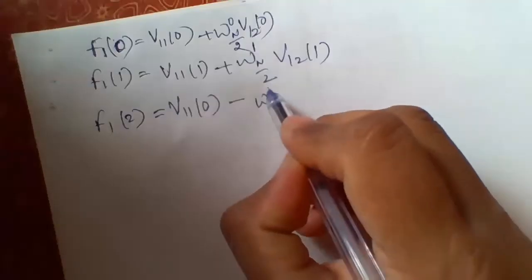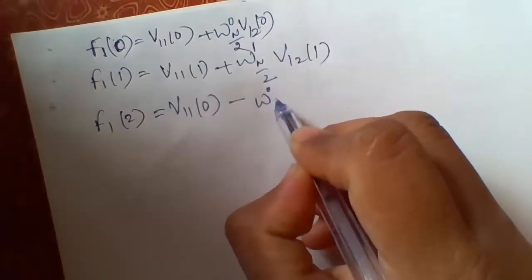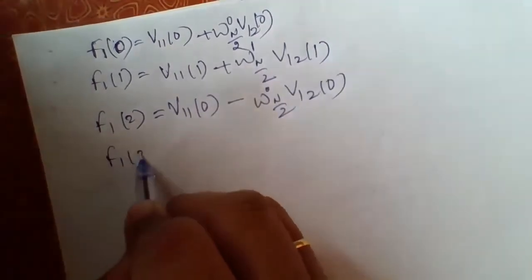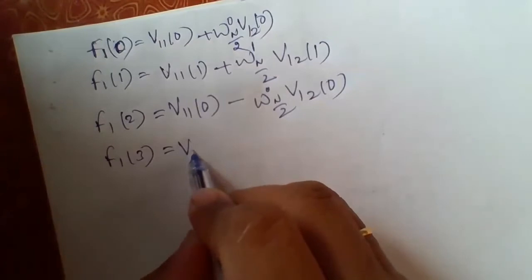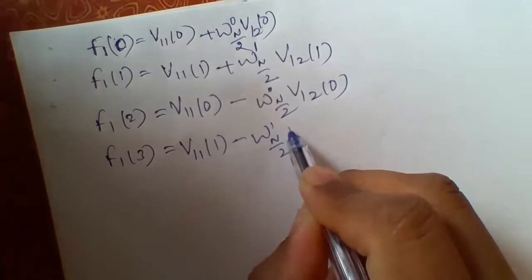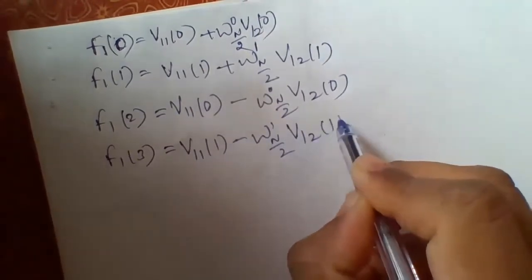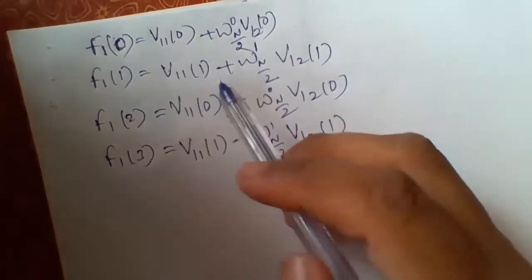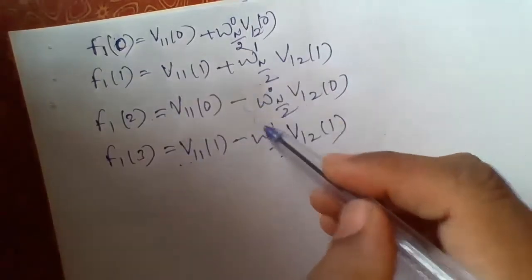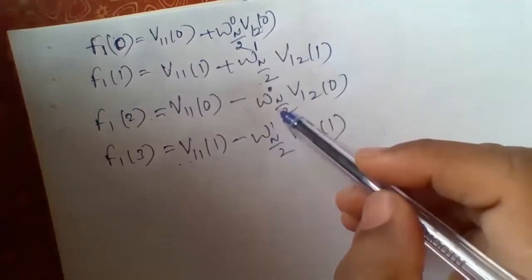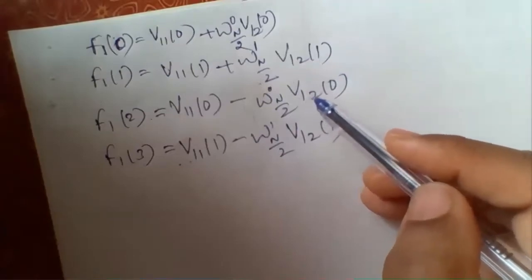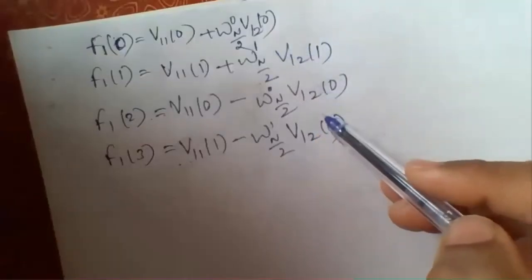So it is now W raised to 0, N by 2, V12 of 0 only, and for F1 of 3, it will be V11 of 1 minus W raised to 1, N by 2, V12 of 1. So only for 2 and 3, the phase vector has to be changed, because of the 2-point periodicity of all V values.